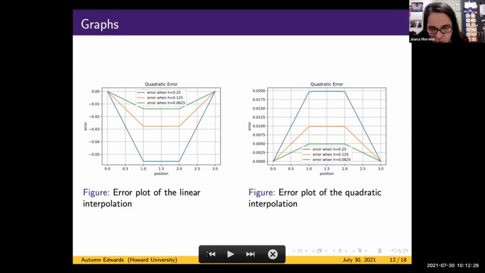Could you get the same result by just using a finer mesh with the linear interpolation? Could you reduce the error by half just in that way? Would it be equally efficient? I don't know if you have thought about that.